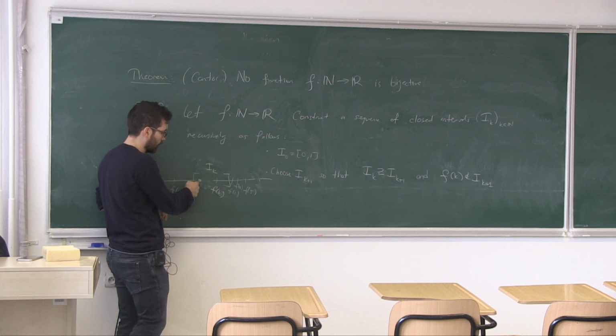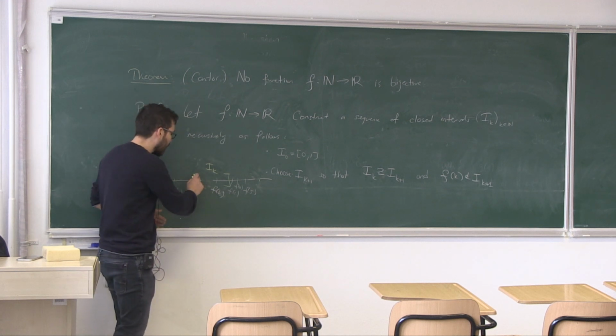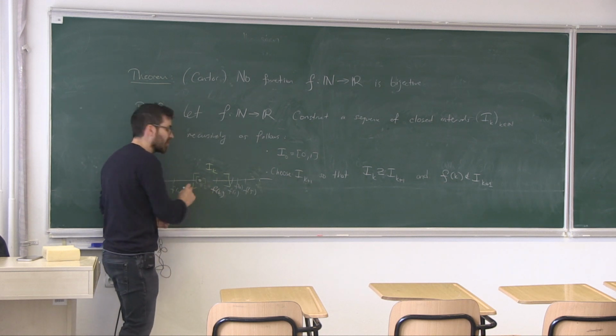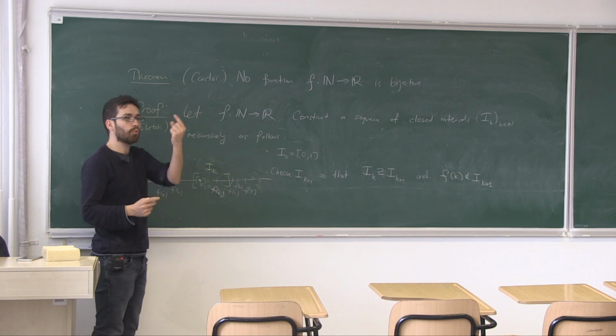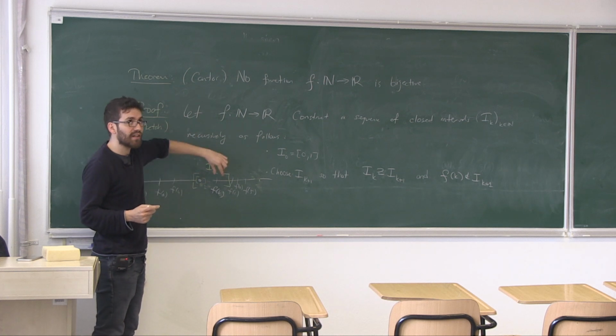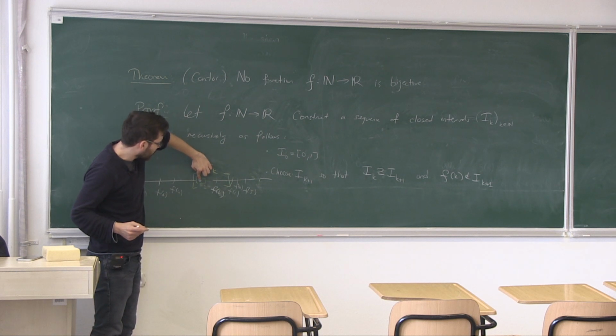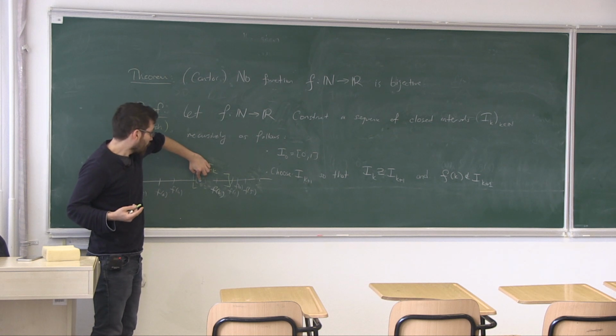Let's say that it's this rational number. Now I'm going to look at closed intervals around this point with radius 1 over 1, 1 over 2, 1 over 3, and so on.